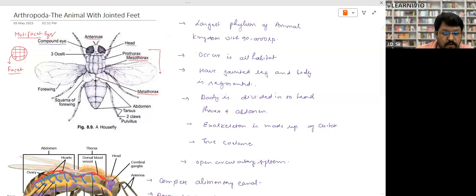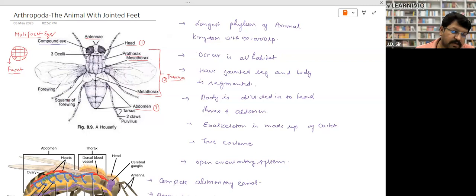First part is the head, second part is the thorax, and the third part is called the abdomen. The front part of the thorax is called prothorax, the middle part is called mesothorax, and the last part is called metathorax. Then there is an abdomen, right?